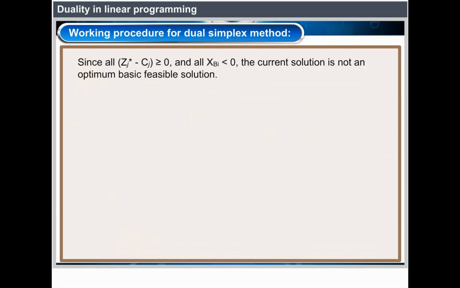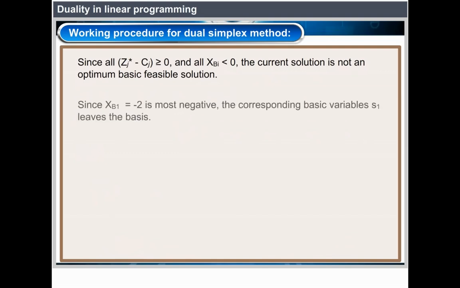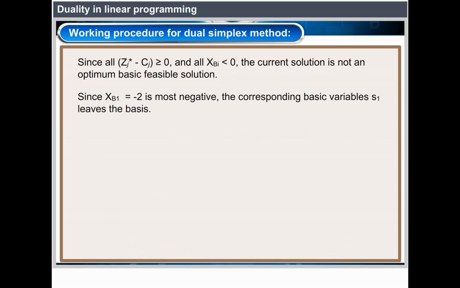Since all Zj star minus Cj are greater than or equal to 0 and all xBi are less than 0, the current solution is not an optimum basic feasible solution. Since xBi equal to minus 2 is most negative, the corresponding basic variable S1 leaves the basis.